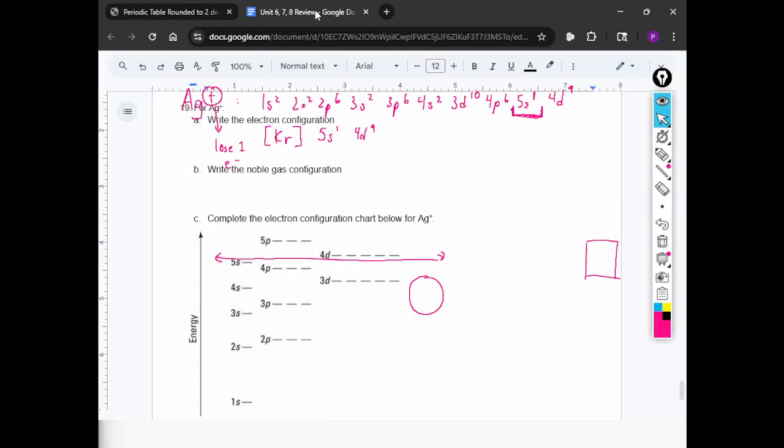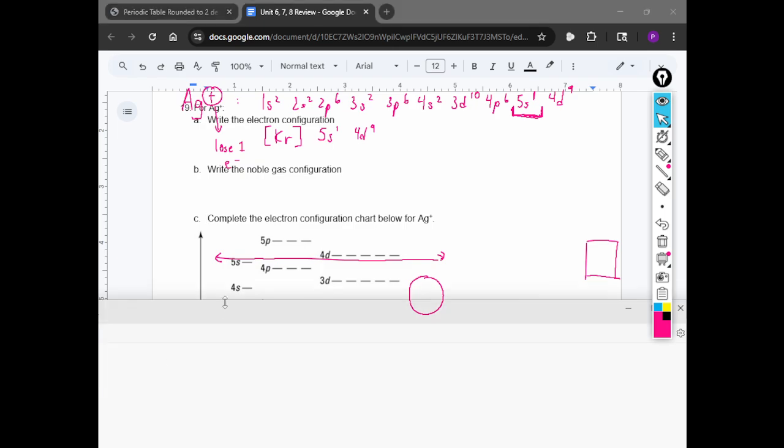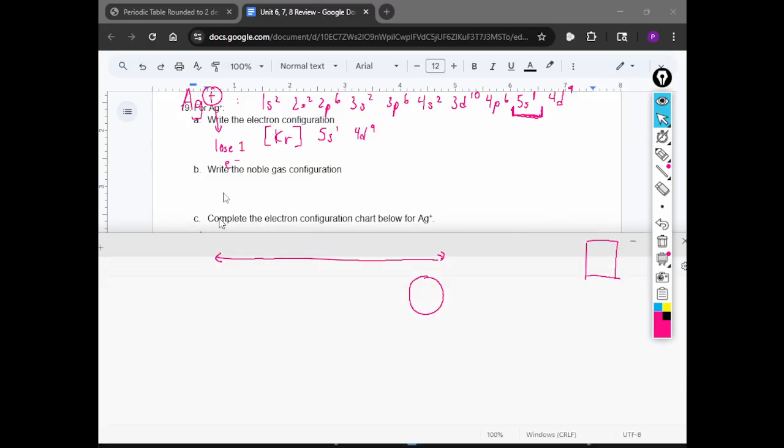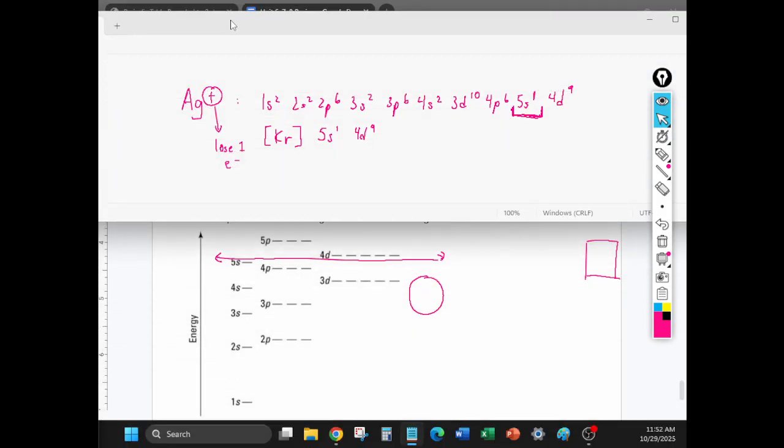All right, and then last but not least, for our chart, we just need to plug in what we got. So we can go up to pretty much this level right here, 5s1, and then 4d9. So like that, and then just fill in everything else underneath.